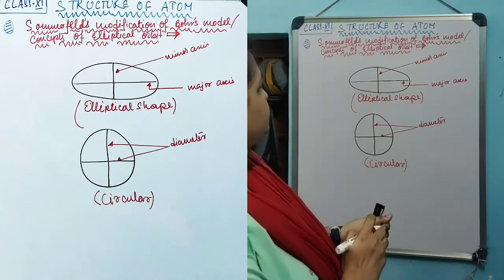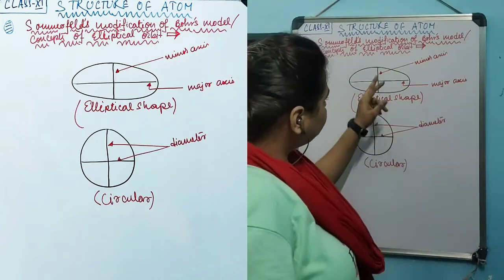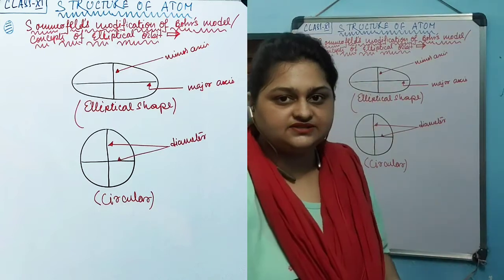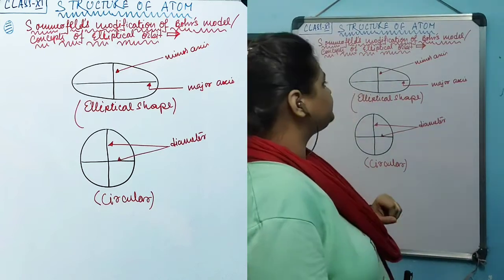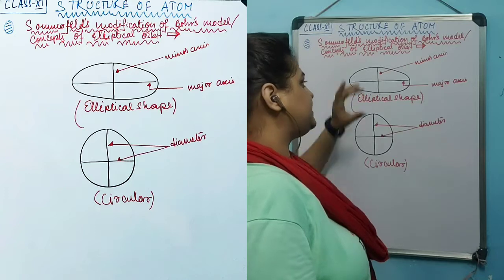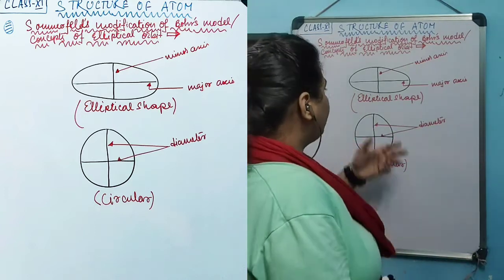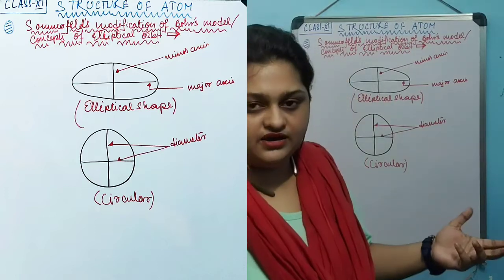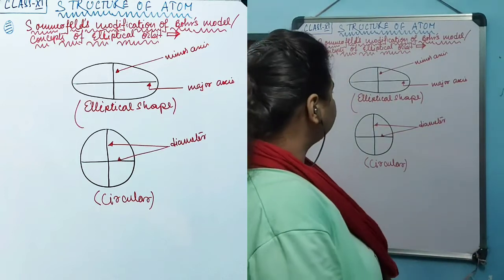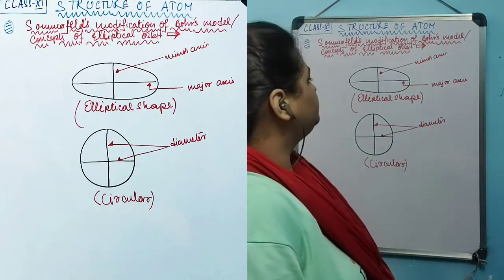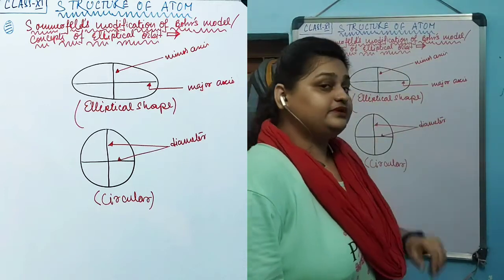In an elliptical shape, there are two axes. One is the minor axis, where the distance between the two points on this axis is the minimum, the smallest one, and the major axis, whose length is the maximum. So in an elliptical orbit you can find a minor axis and a major axis.